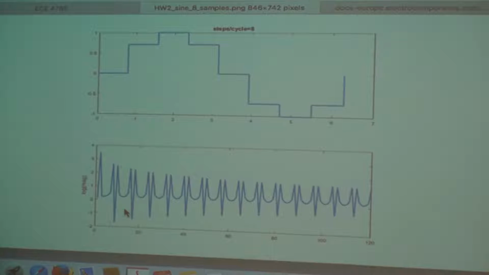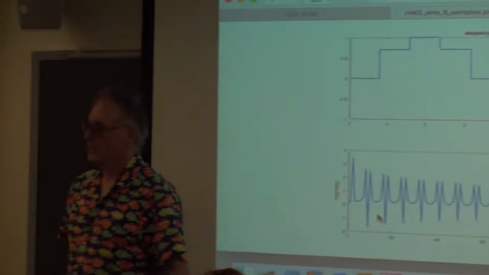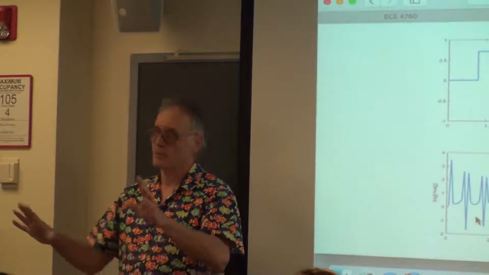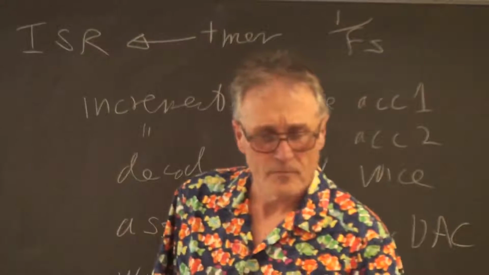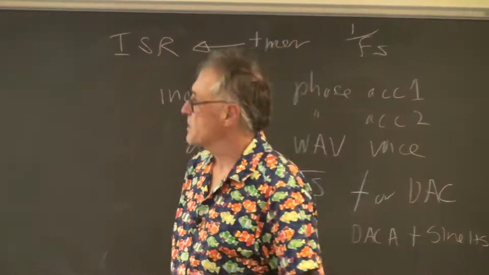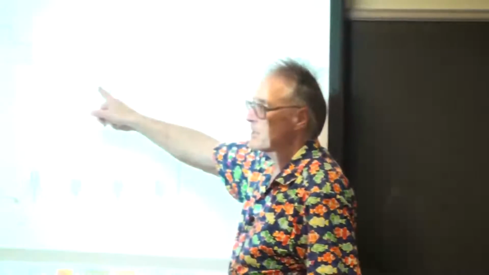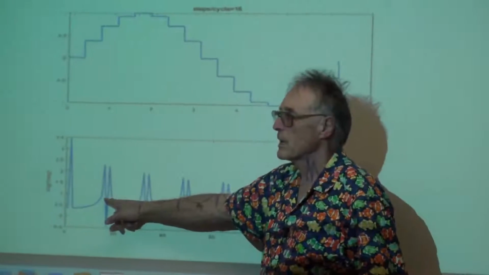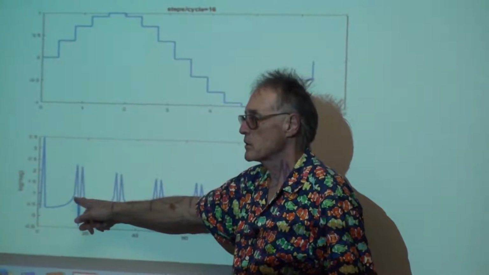My argument from many lectures ago actually just gets worse if you turn the frequency up. You have to sample often enough so that you have a good enough approximation of the sine wave that the spectrum allows you to get a 10-to-1 signal-to-noise ratio.